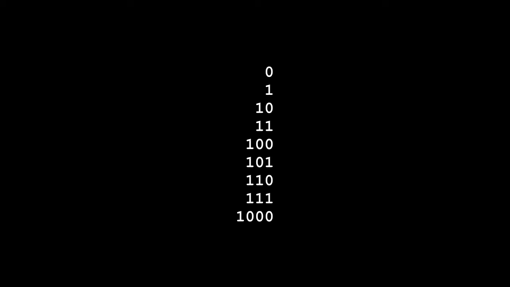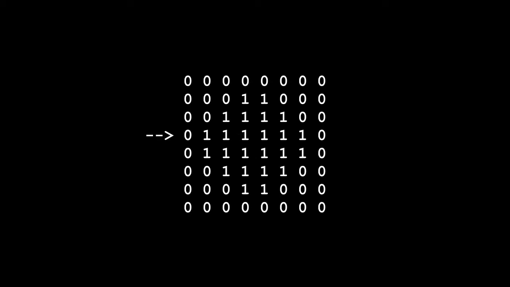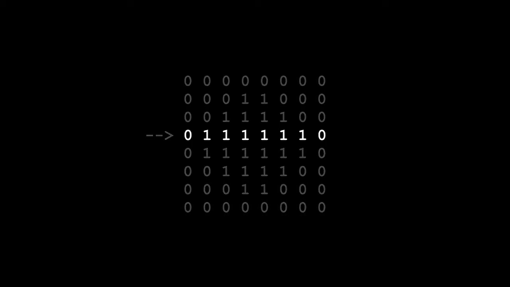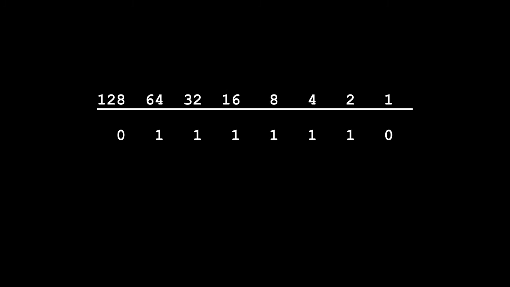So these numbers have their decimal equivalent. But if you're faced with a number like 01111110, there's an easy way to translate that into the decimal equivalent. And you do that by laying it out in a table that goes from 128 across to 1, like this, in powers of 2, and we place the binary digits underneath.